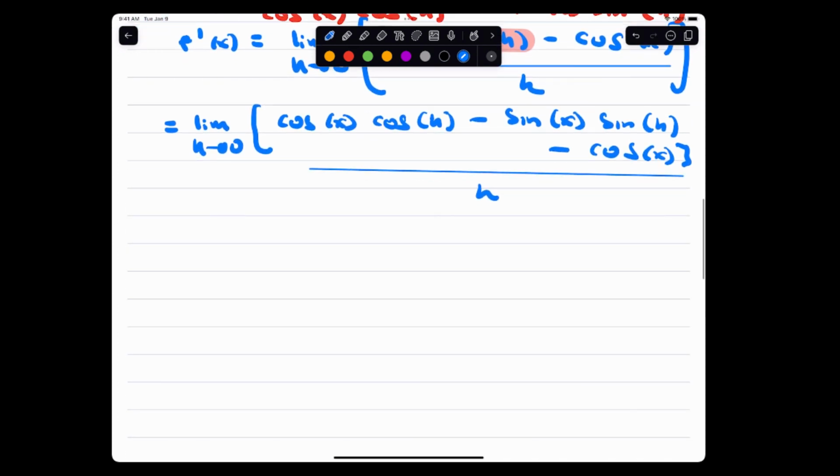You know what you guys do now? You factor. You say, well, what can you factor? I'm going to factor the cosine x out for those two terms.